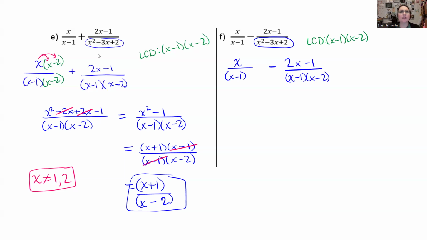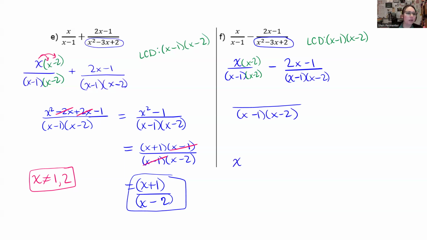So I know that this fraction has to be multiplied by x minus 2 over x minus 2. And so when I rewrite it, I know that my denominator is going to stay x minus 1 and x minus 2. I mean, really, when you rewrite it, you can identify your restricted values.